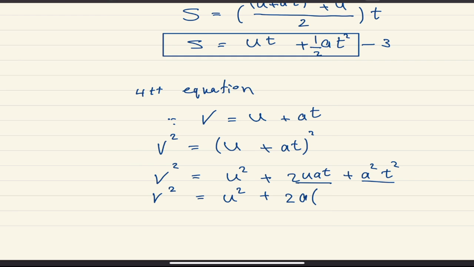So I will get what's still inside the bracket: ut plus, I got already 2 outside, but there is no 2 in front of a square t square, so I'm gonna write that as half, times 2 gives you 1. Then I got a outside the bracket, so we still have a here. Then there is no t outside the bracket, so I'm gonna write t as it is, t square.